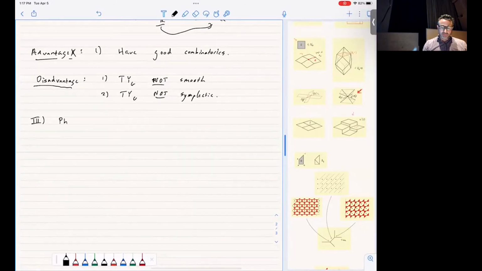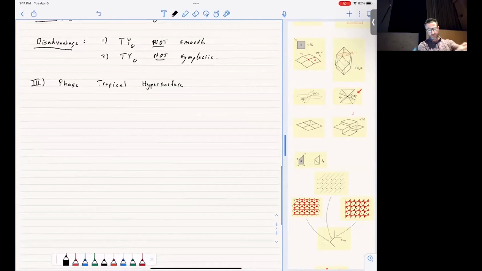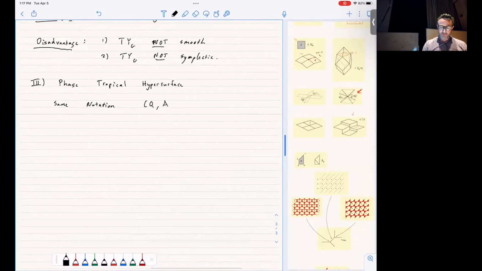So let me talk about the phase tropical hypersurface, which has been around for a bit, and was defined as one of these limits of smooth hypersurfaces, in the tropical sense. I'm going to have the same notation as before. But I'll allow now for A to not just be vertices, I'll allow A to be a finite set of points.